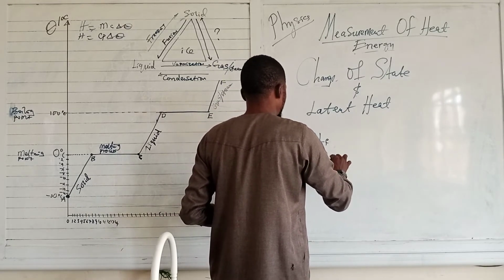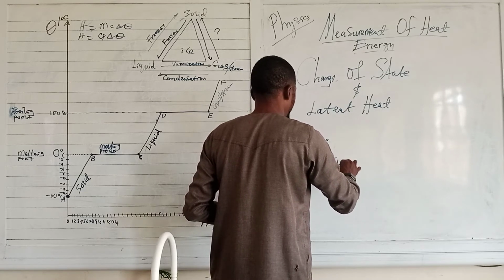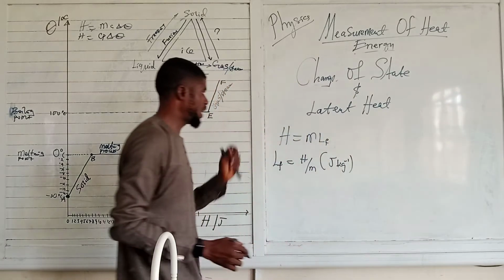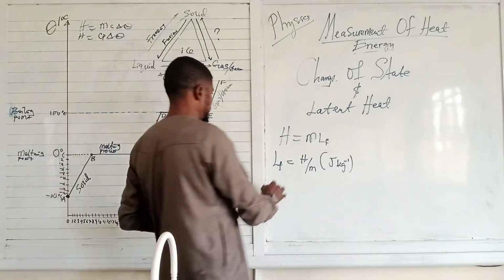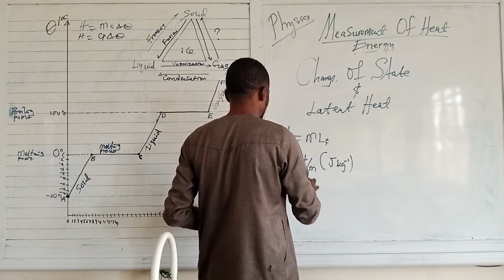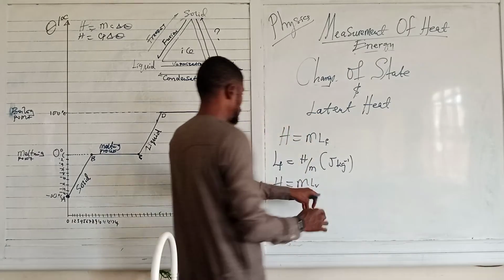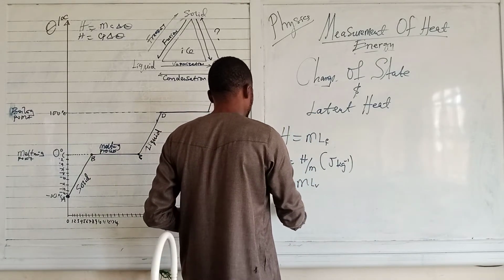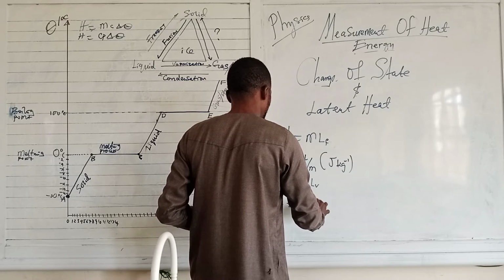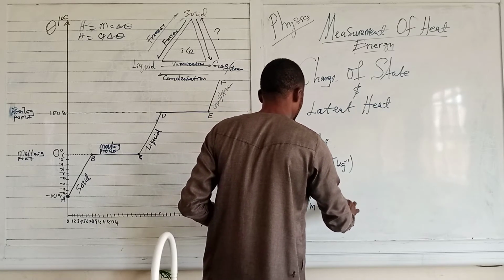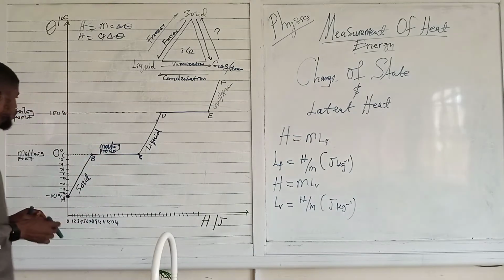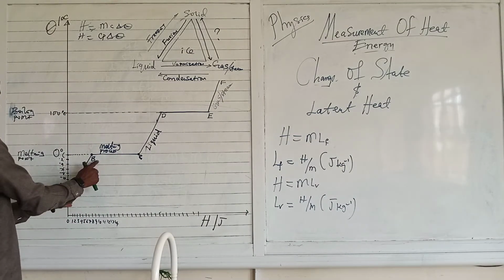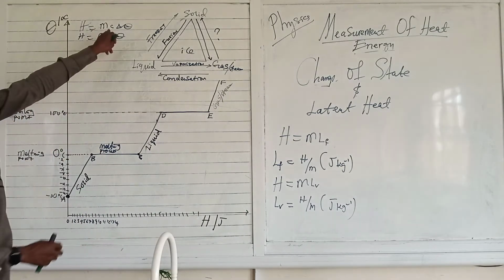So the latent heat of fusion is given in joule per kilogram. The latent heat of vaporization is given as H is equal to mLv. So you say that your Lv is equal to H over what? Mass. Still the unit of joule per kilogram.